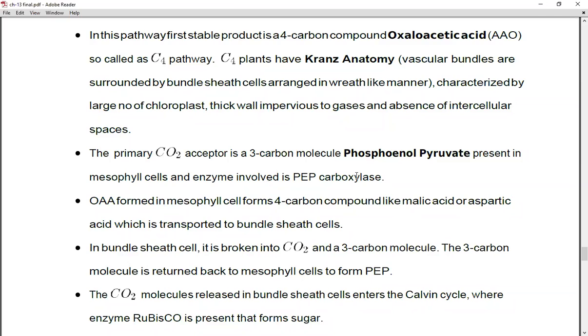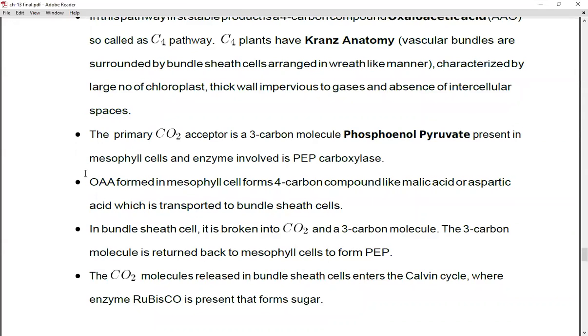As it acts on the phosphoenol pyruvate, the enzyme which fixes the CO2 is PEP carboxylase. Upon the fixation, oxaloacetic acid is formed in the mesophyll cells, and this is a 4-carbon compound, unlike malic acid or aspartic acid.